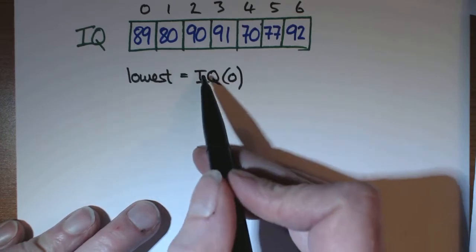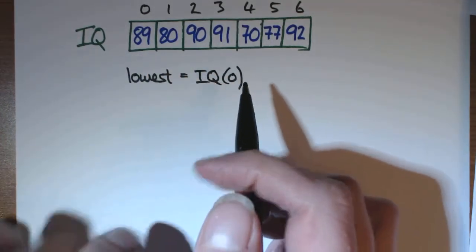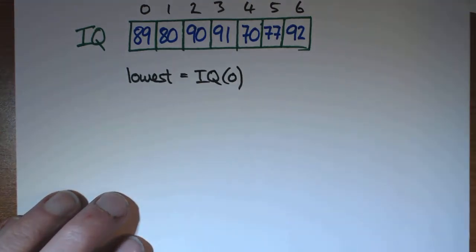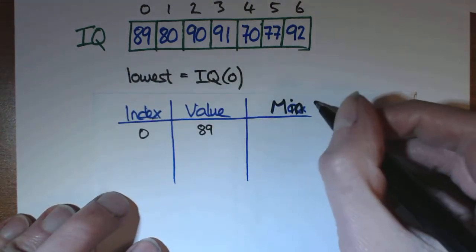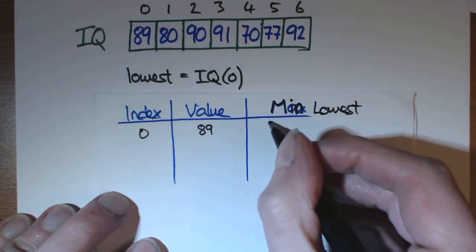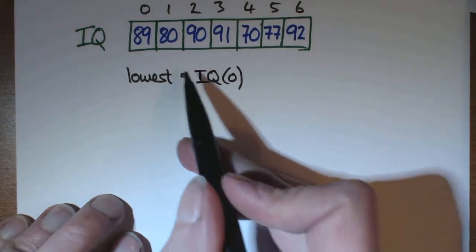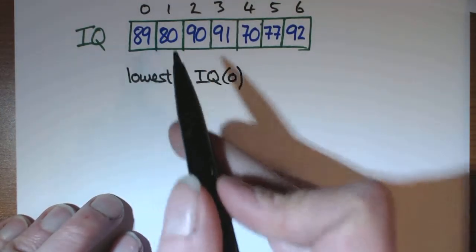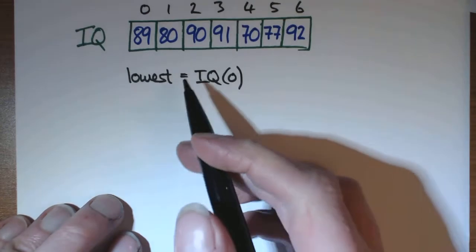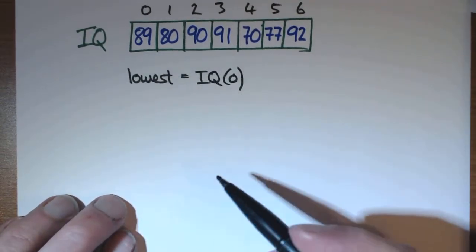You might also write it as set lowest to first element of the array, but this is basically saying that lowest currently is 89. And then for every other element, we need to compare it with the lowest. And if we find a number that's even smaller, we then need to replace lowest.